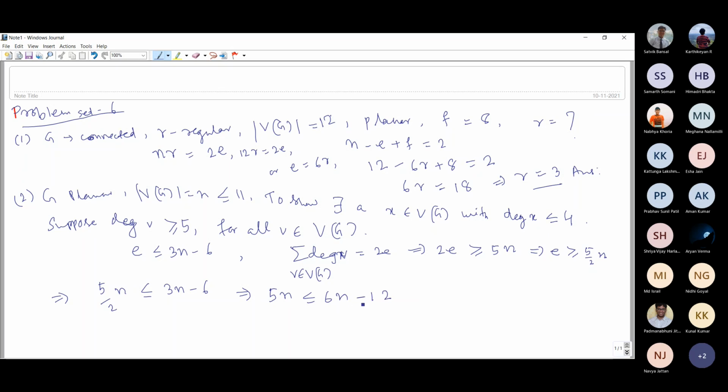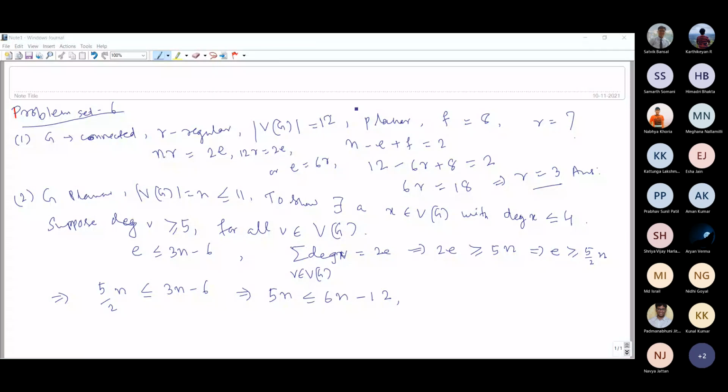See, we are getting this inequality, right? If degree of every vertex is greater than or equal to 5, then we get this inequality. So let us see, this inequality is true for which values of n? Here it is given that n, the number of vertices, that is the order of the graph, is less than or equal to 11.